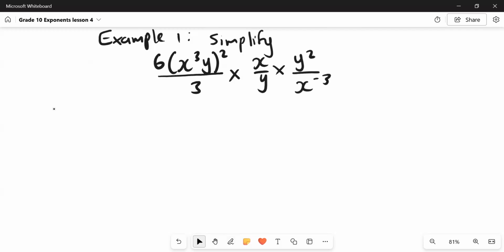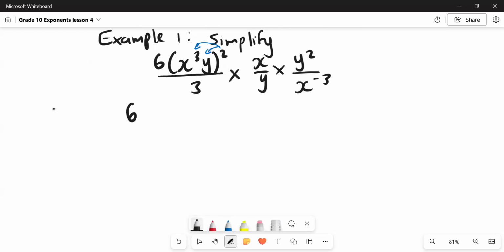So the first step here, we have to use law number 4 to get rid of the bracket. So you have your 6 there, and we have to distribute the 2.